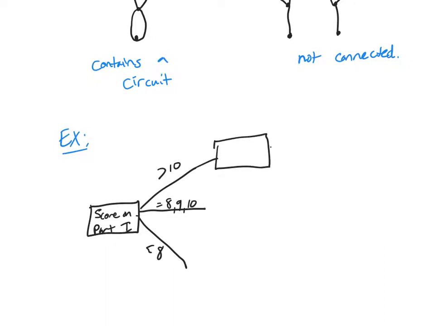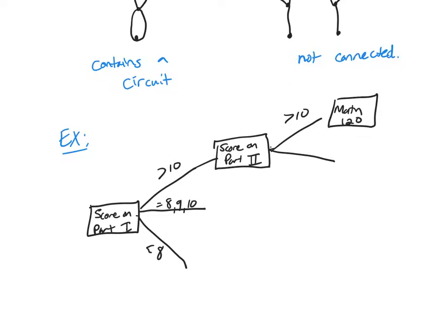Then there was a second part on the test, score on part 2. If it was greater than 10, they should be placed in Math 120. Less than or equal to 10 gets placed in Math 110.